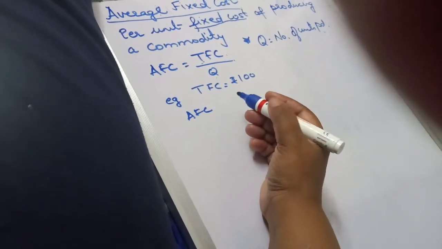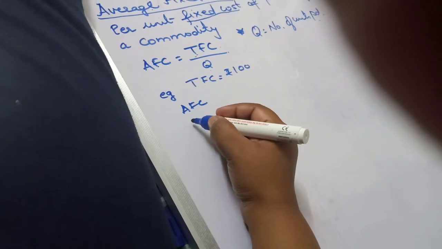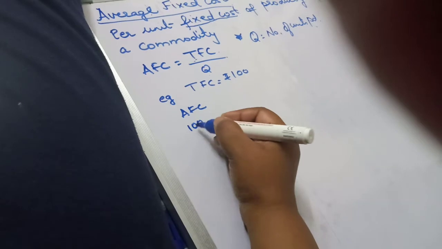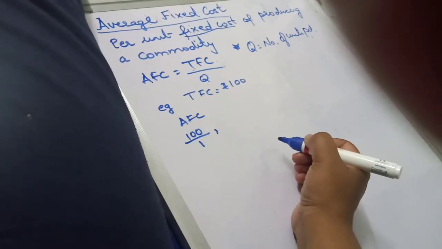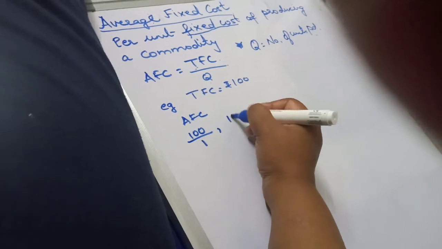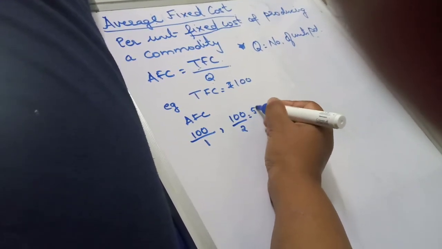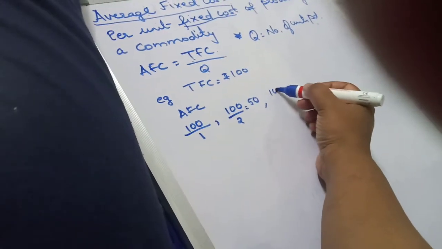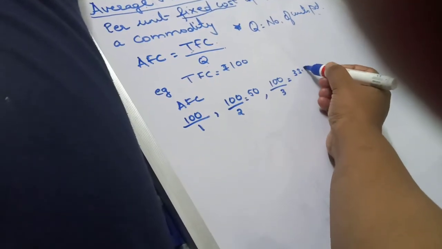Now what happens here is, if you are producing one unit, your AFC would be 100 upon 1. If you are producing 2 units, your AFC would be 100 upon 2, which is 50. Then if you are producing 3 units, 100 upon 3, which is 33.3.